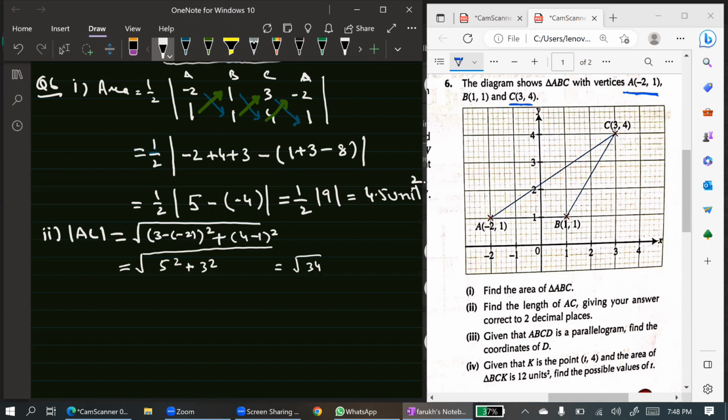And please use calculator to find out under root 34.